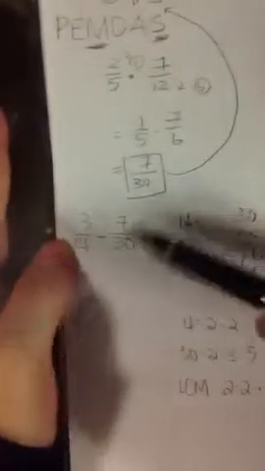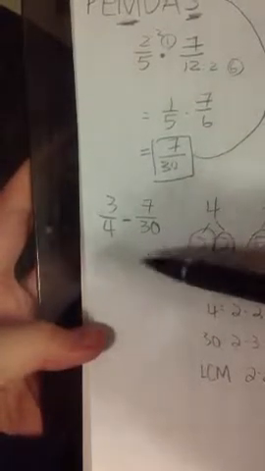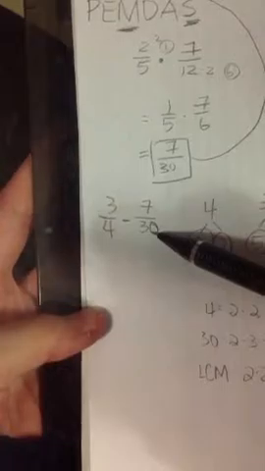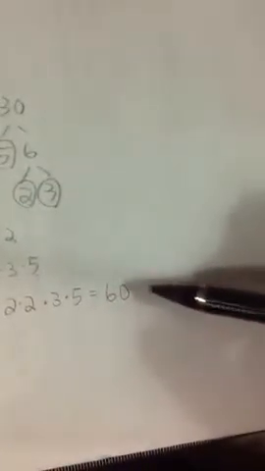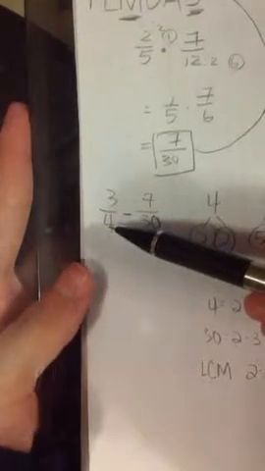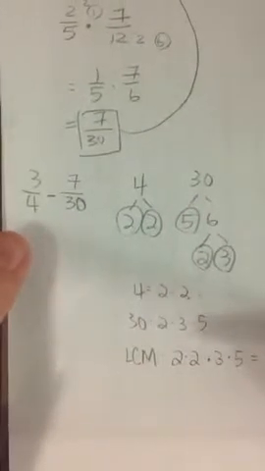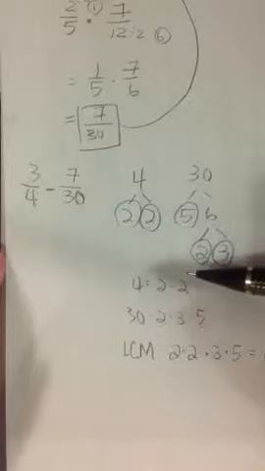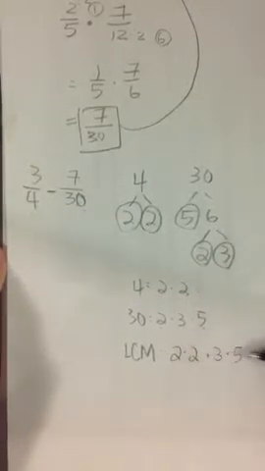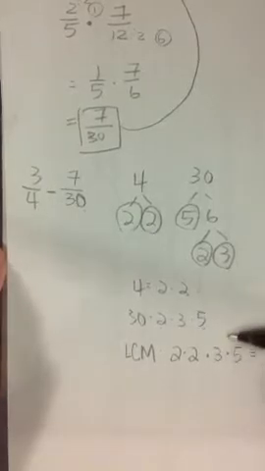So back to the original question. We need to get both of these fractions to have the common denominator of 60. So 4 times what equals 60? Compare our least common multiple to our 4. We already have 2 twos. So what am I missing? 3 times 5, which is 15.